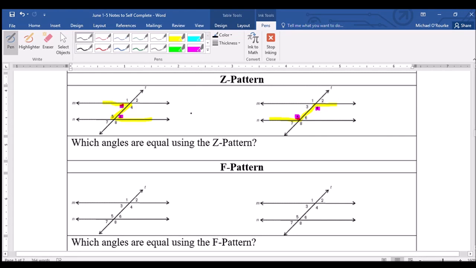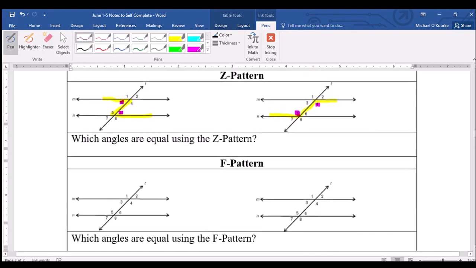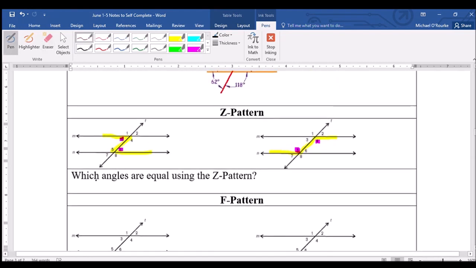So which angles are equal using Z pattern? Well, I'm just going to write it up here. So 3, of course you move. You always move right off the bat. On this side here, it would be the 3 and 6.